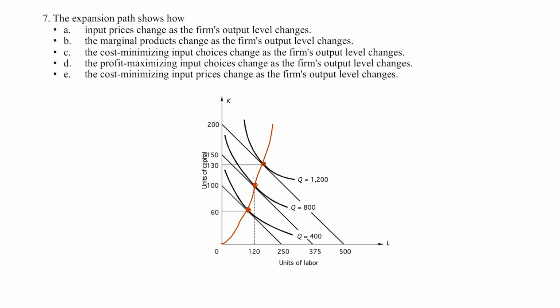And it's the cost minimizing input choices as the firm's output levels change. Wherever the lines are tangent is cost minimizing for that particular level of output.